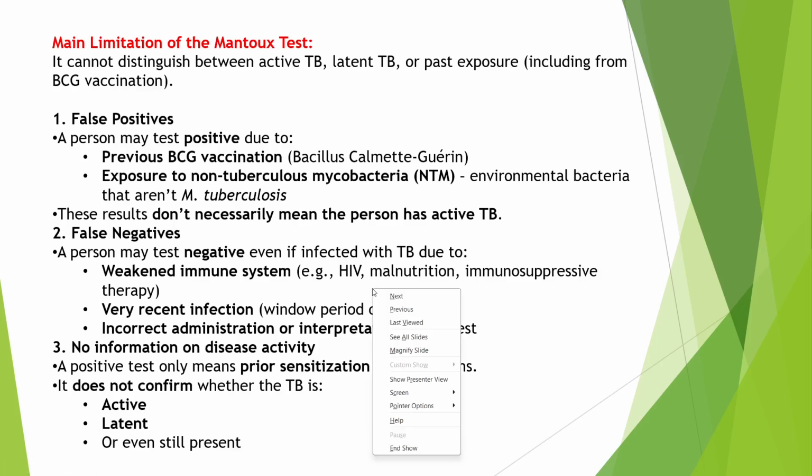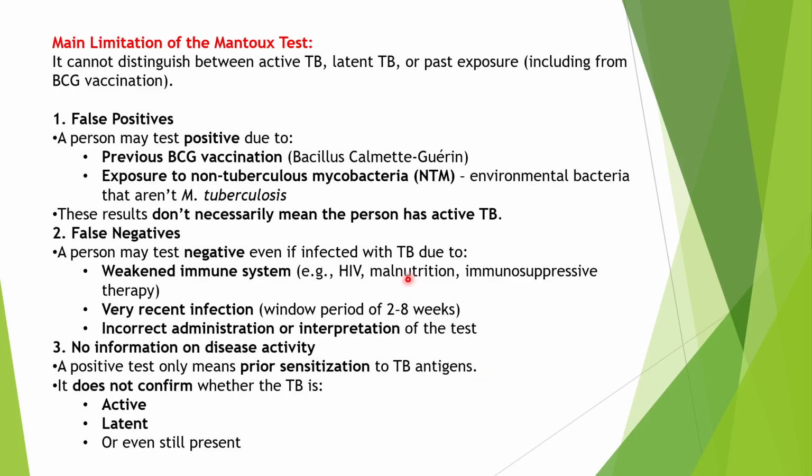So the immune system is not very efficient, and malnutrition can also result in a weakened immune system. Immunosuppressive therapy, the person might be undergoing some drug treatment, some immunosuppressives might be given which might have suppressed the immune system. So in such cases you might have a false negative, wherein in reality the person is actually infected with TB.